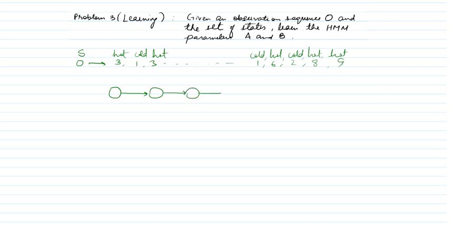So this can be represented like this. This is again a realization of a hidden Markov model, a sequence of a hidden Markov model, right? So this is hot, cold, hot. This is 3, 1, 3, and these are the further ones.